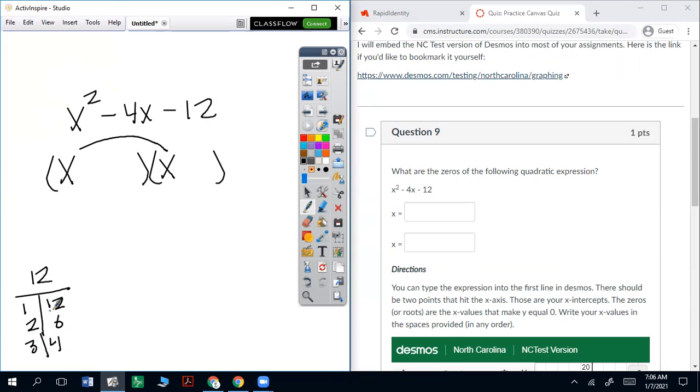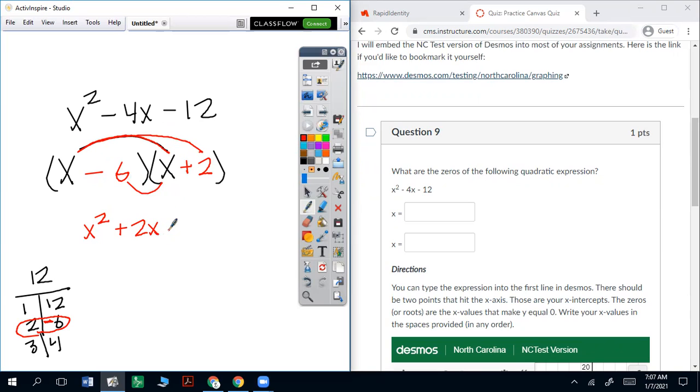But only one of those ways is going to also give you two numbers that can combine to give you negative 4. And that's going to be when the 6 is negative and the 2 is positive, right? So if I say minus 6 plus 2, then I can check and make sure that those combine to give you that. So x times x is x squared. X times 2 is plus 2x.